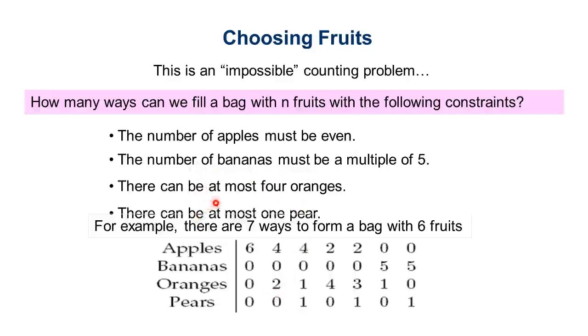Now at most 4 oranges, that means you can choose 2 oranges, and so there are no pears or bananas. Since bananas must be a multiple of 5, it is not possible. In this way, there are other possibilities: 4 1 1, 2 0 4 0, 2 0 3 1, 0 5 1 0, etc.